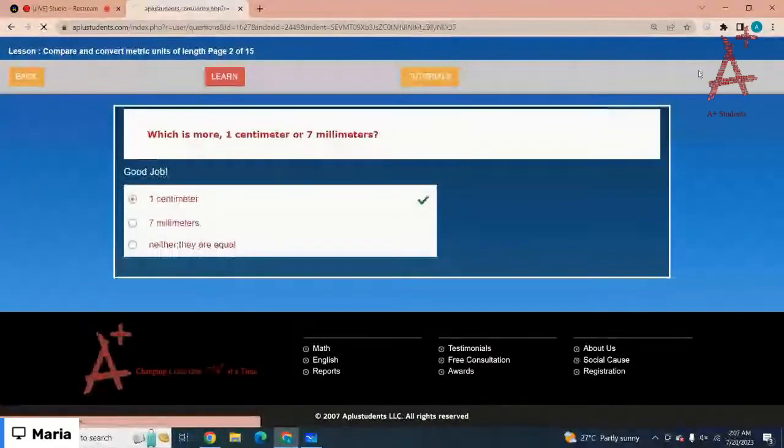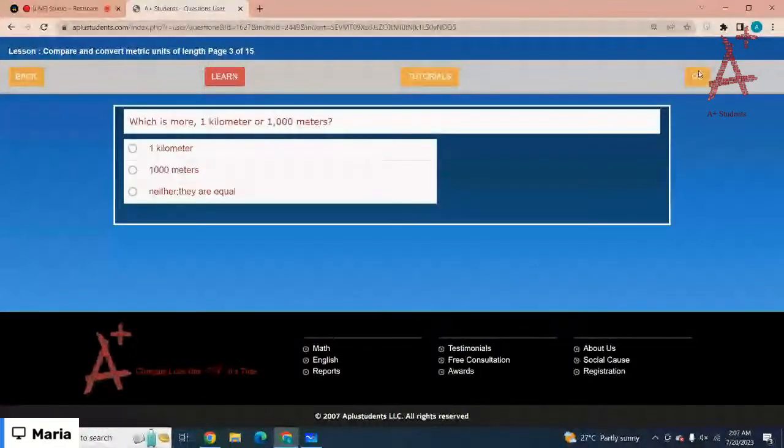Very good. Okay, which is more, 1 kilometer or 1000 meters? Which is the correct option? We just did 1 kilometer equals 1000 meters, right?